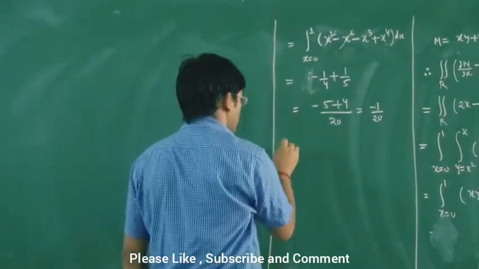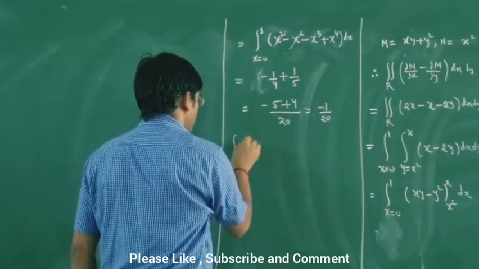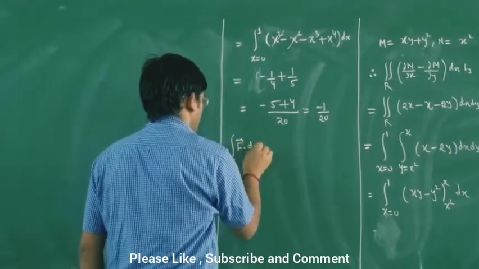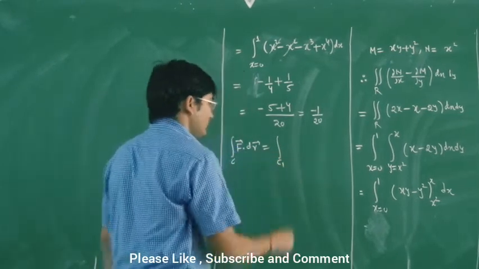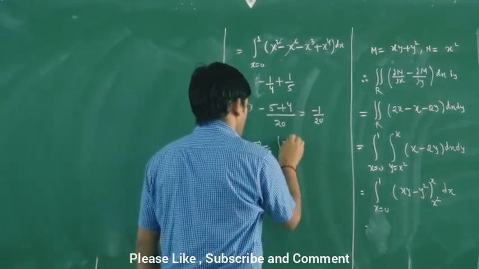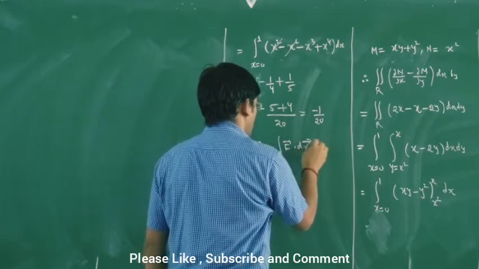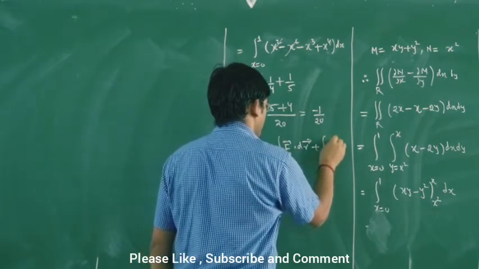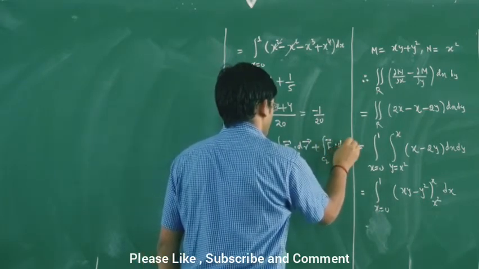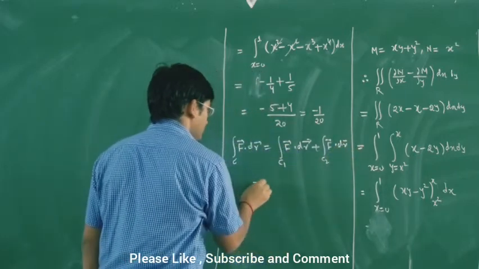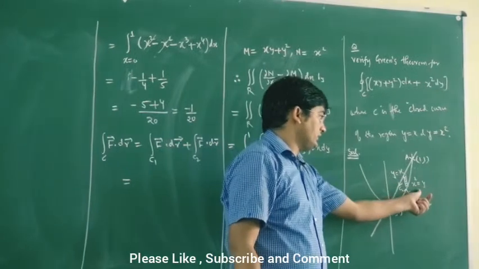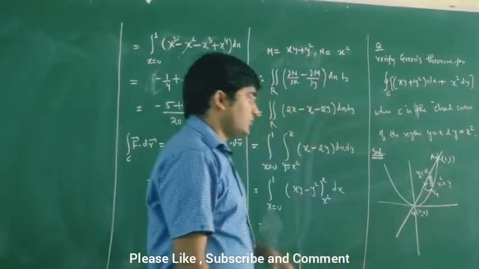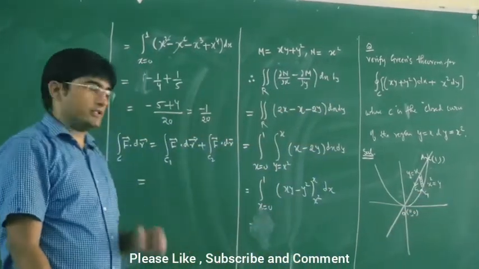Now here you can see that this line integral is a sum of two line integrals, one along the curve C1 and the other one along the curve C2. Now for this C1, your y is equal to x square, so our dy will be 2x dx.